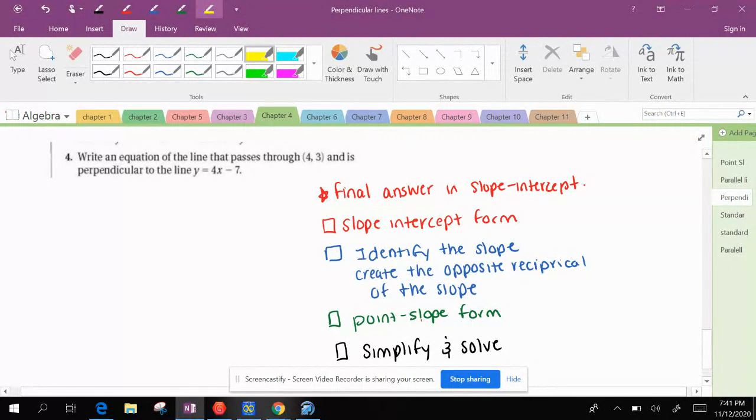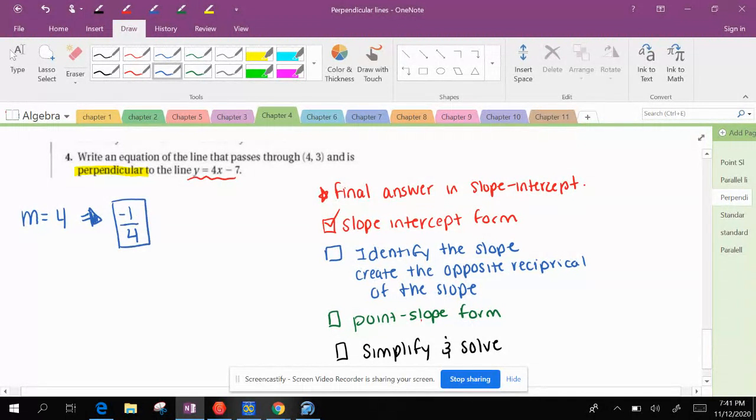I'll get you started by helping you find your perpendicular slope. Again, I see the word perpendicular in my directions. I'm given an equation in slope-intercept form, so I don't need to rearrange the equation into slope-intercept form. I'm identifying the slope as 4. So the opposite reciprocal would be negative 1 over 4.